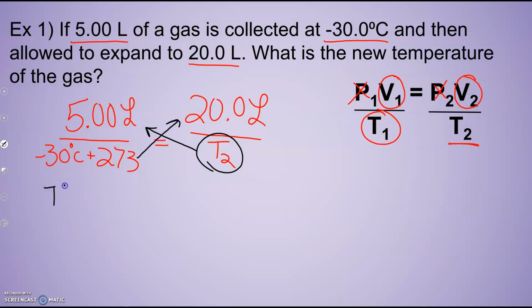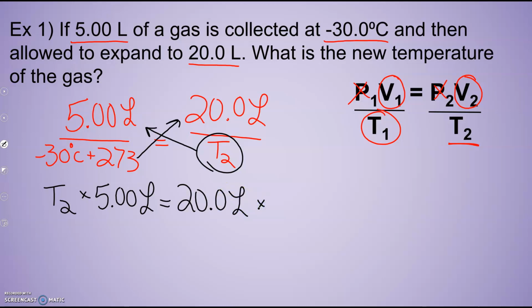So now we have T2 multiplied by 5 liters is equal to 20 liters multiplied by, and I'm going to go ahead and do this conversion here. That comes out to 243 Kelvin.